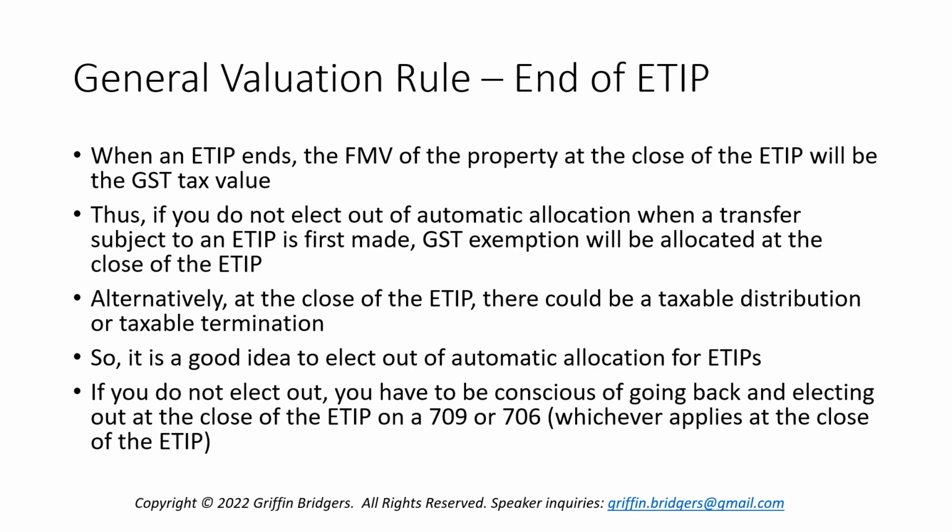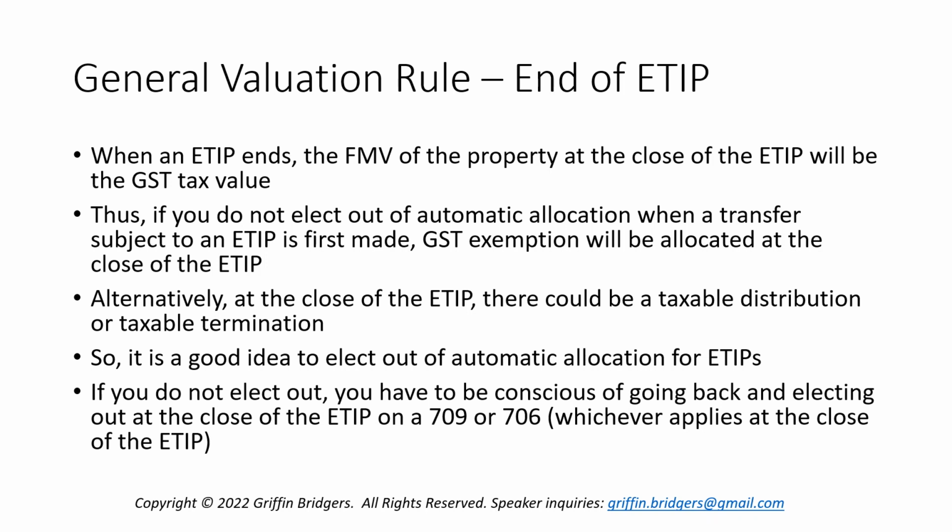So if you want to avoid this large value at the end of the ETIP, especially with something like a zeroed out GRAT being subject to GST exemption automatic allocation, you need to elect out preferentially on the first 706 or 709.